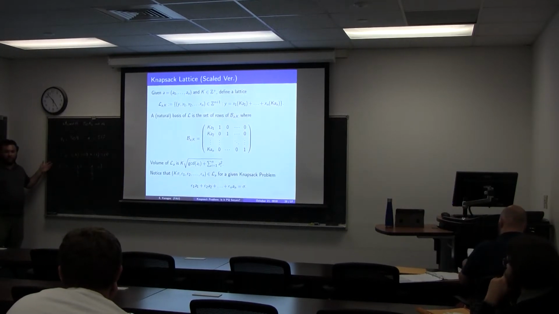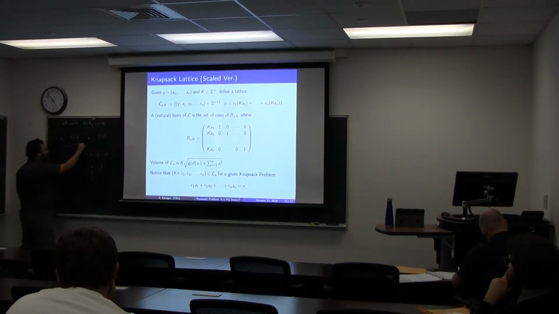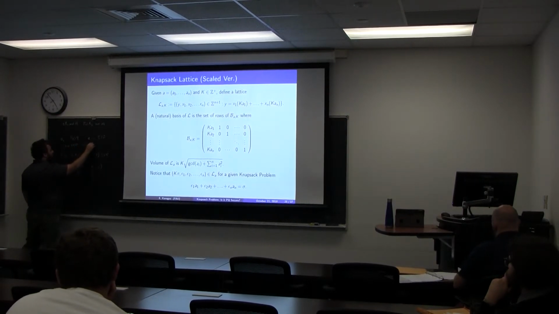What's the length of this vector? Just square root 3, right? This may be very, very small. Let's say your n is 100, and your weight is 50, half of it.